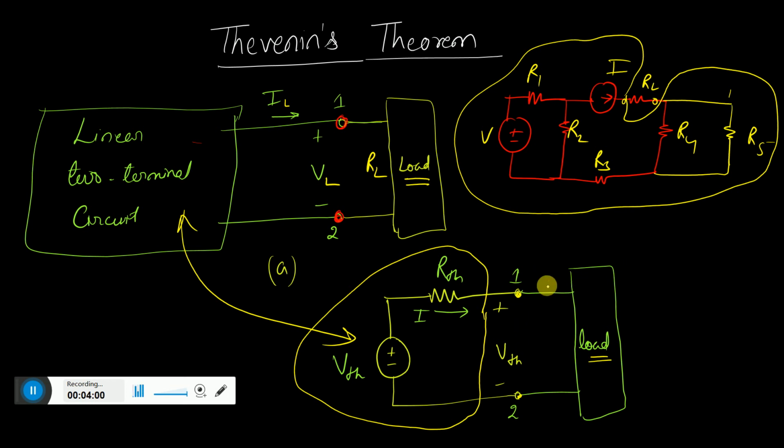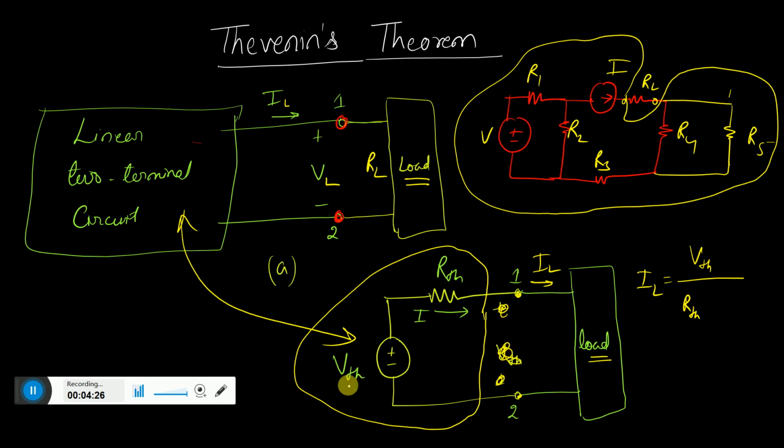So if this network can be connected like this, then how easy it is to solve. Now, if this current is IL and here you have VL, you can write the equation. IL is equal to VTH divided by the series resistance. This is not the VTH here.